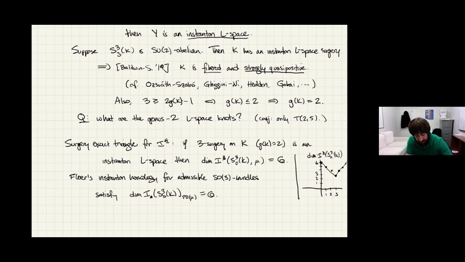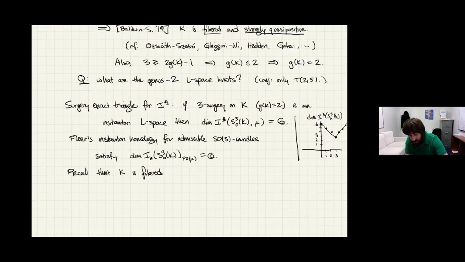So let's recall that K is fibered. So the complement of K, let's draw a little picture, say here, if we remove K from S3, well, it looks like a punctured genus 2 surface times an interval.